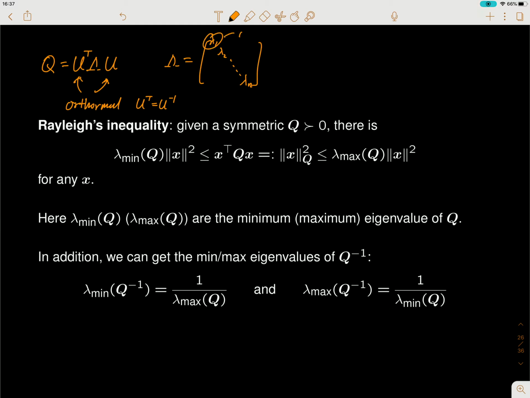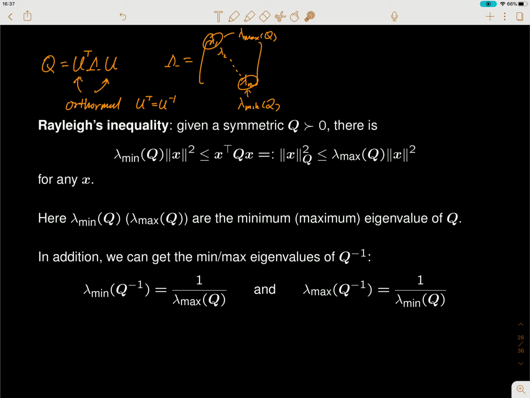So this is the lambda max of Q. This is the lambda min of Q. Okay, so what I'm claiming here is that if you take a look at the X transpose QX, it will be bounded by this lambda min of Q times the squared norm of X, and lambda max of Q times the squared norm of X. Okay, so the reason for this is you can see.